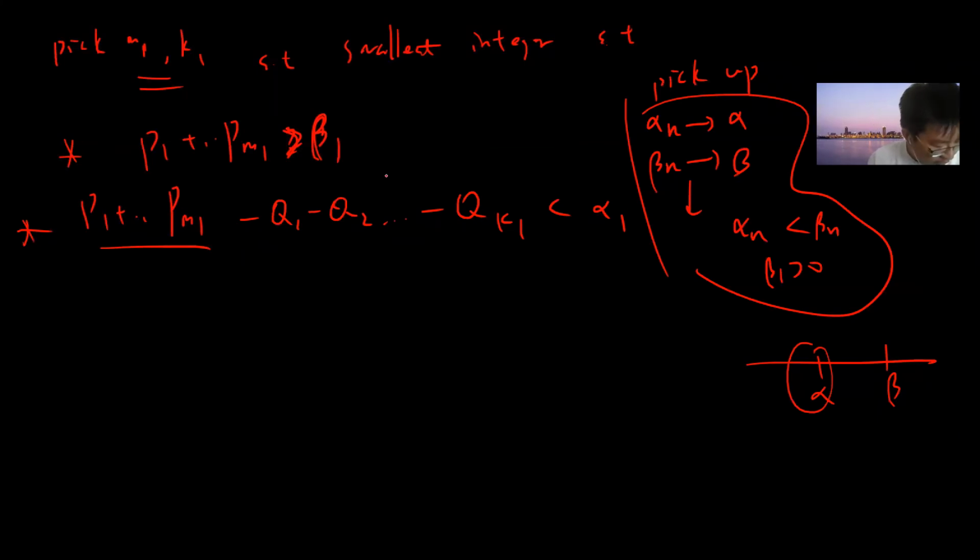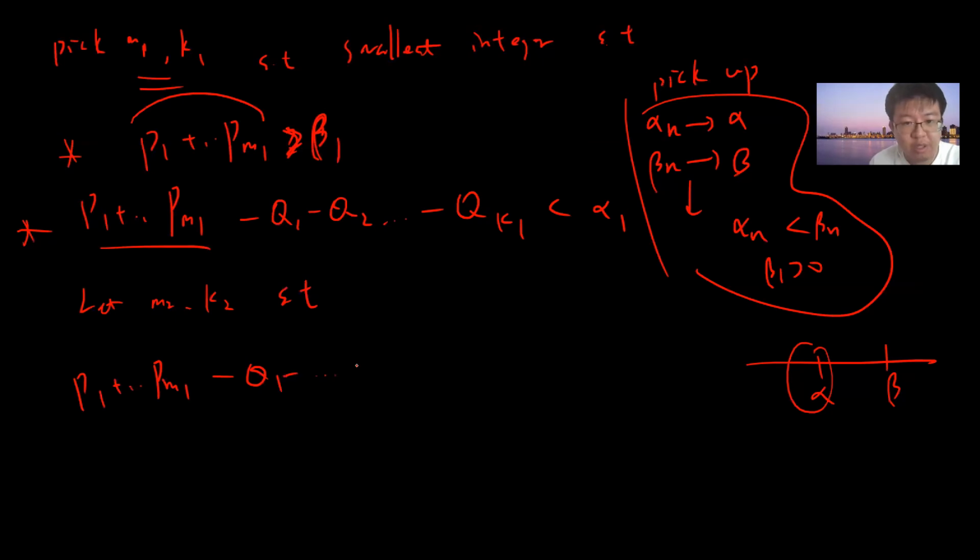Okay, and I keep doing the same thing. I let M2 and K2 be the smallest ones such that minus Q1 through minus QK1, plus Pm1 plus 1 through Pm2, is larger than beta 2.